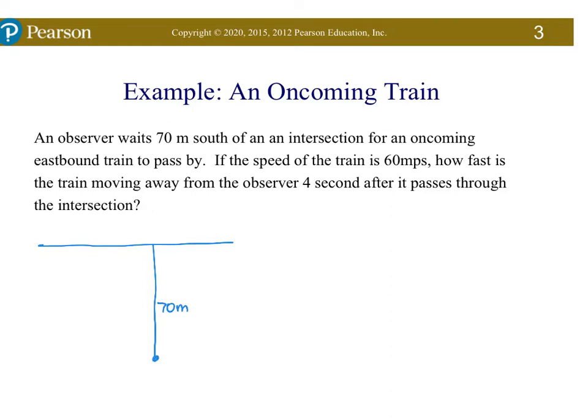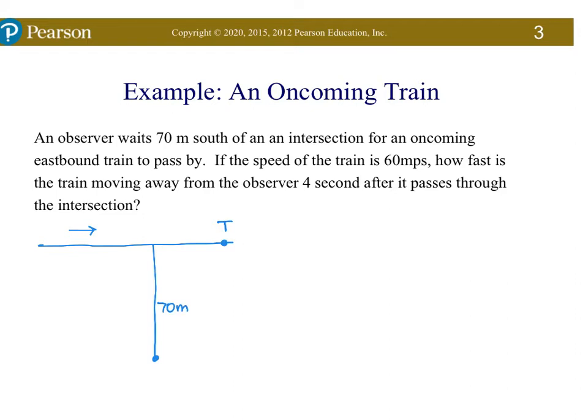The train is an eastbound train. So the train is heading in this direction and it crosses through the intersection, and now the train is on the east side of the intersection. And so our question is, how fast is the train moving after 4 seconds have passed?